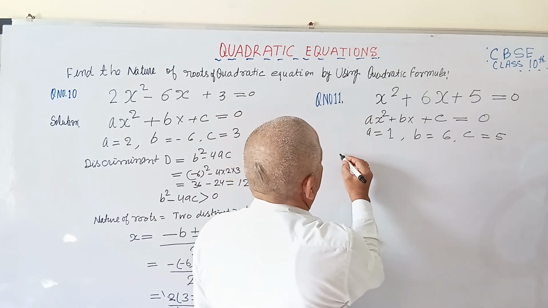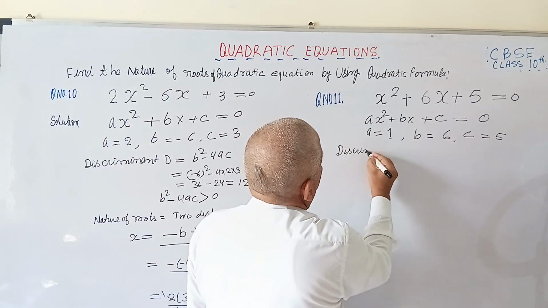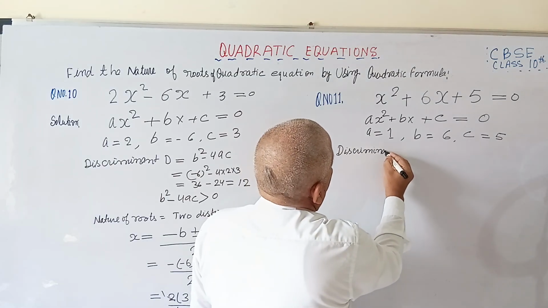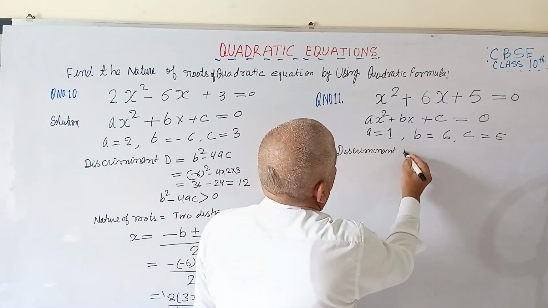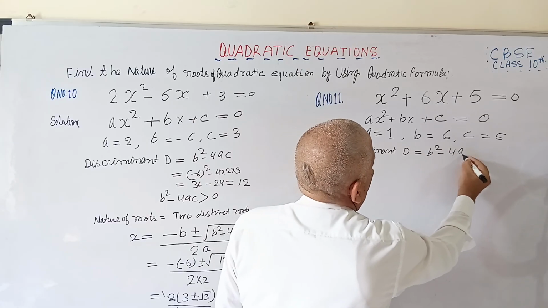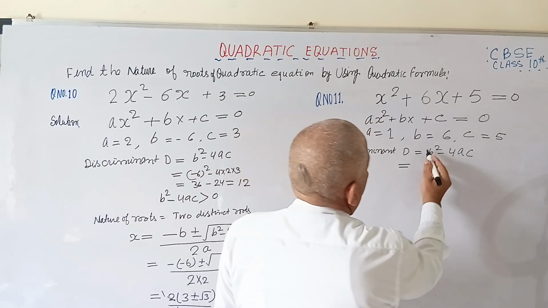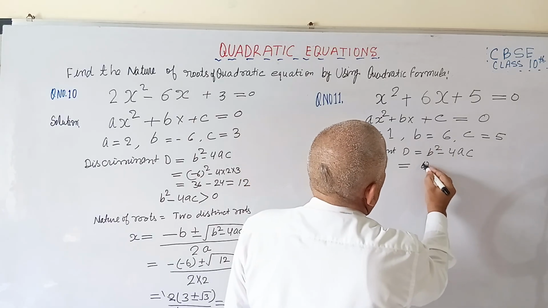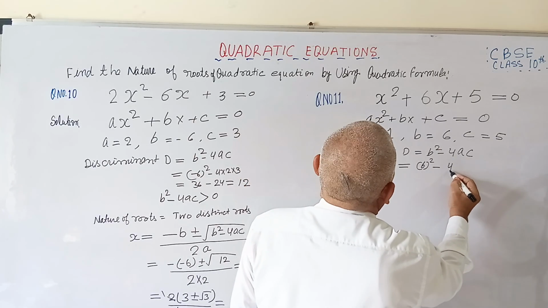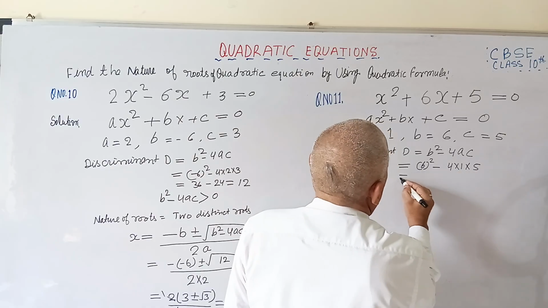So discriminant, that is d equals to b square minus 4ac. So we will calculate b square, means 6 square minus 4 into 1 into c, that is 5.